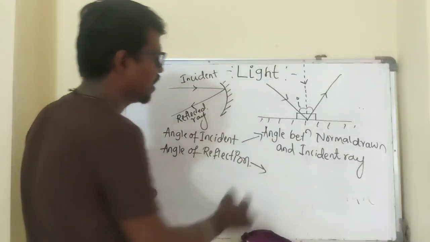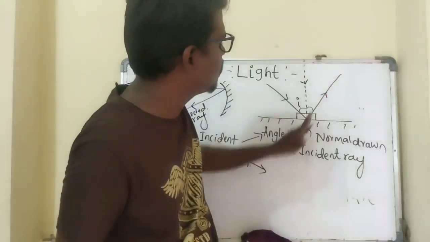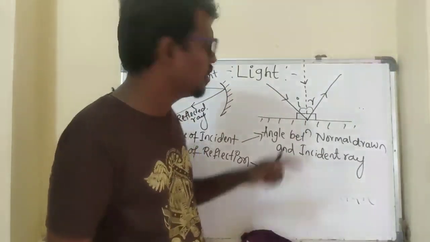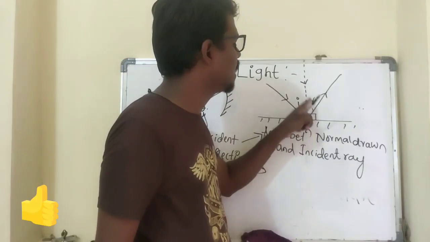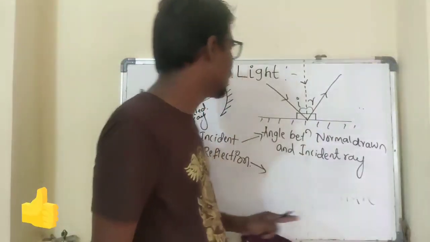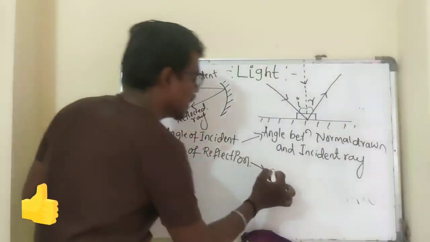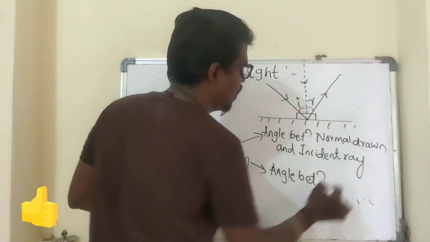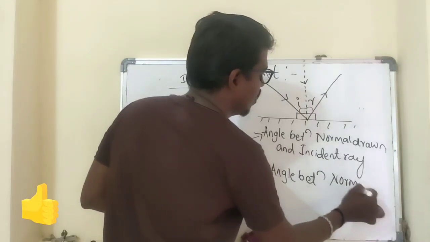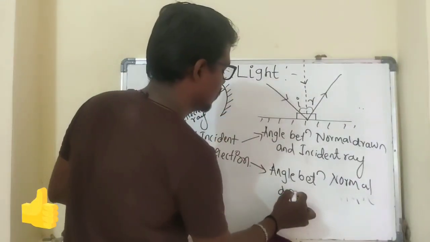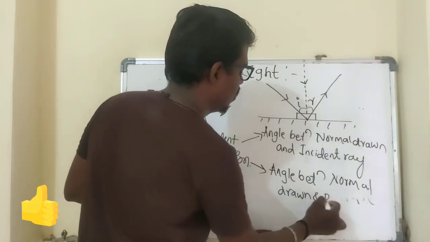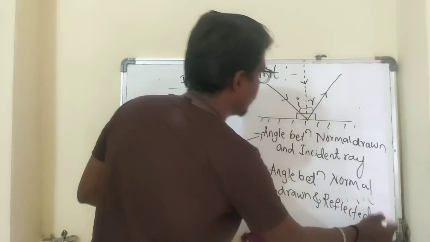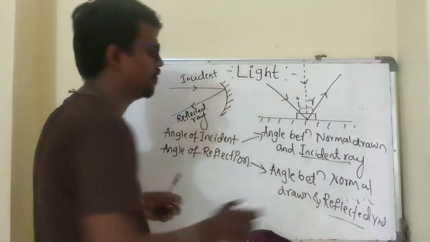Now, this is the normal drawn and this is the reflected ray, and this is the angle formed. This angle is represented as small r. This is the angle of reflection: the angle between the normal drawn and the reflected ray.